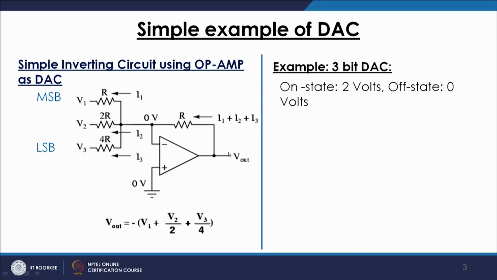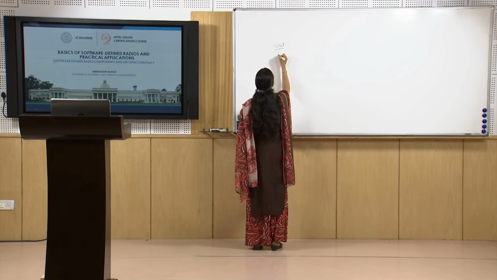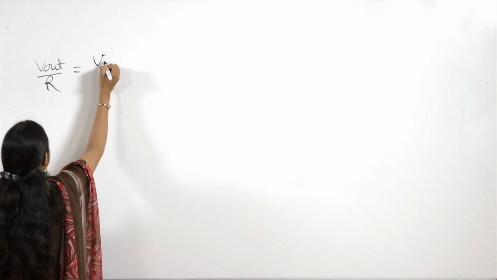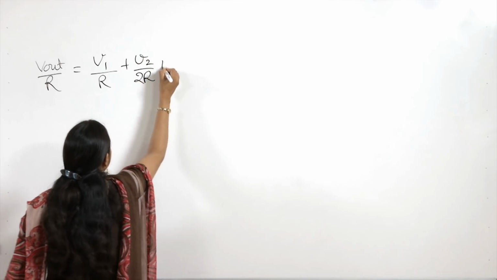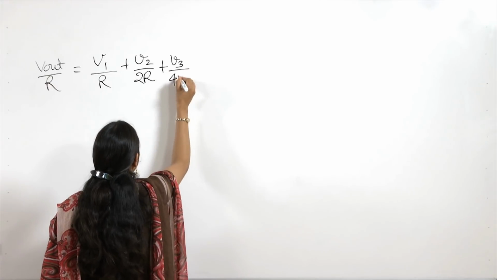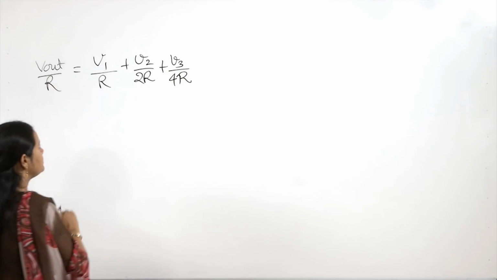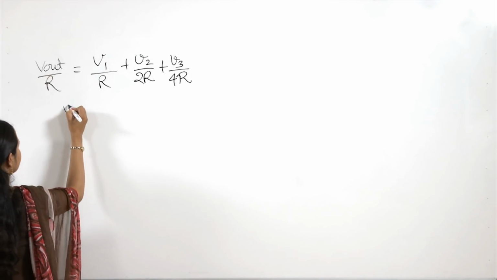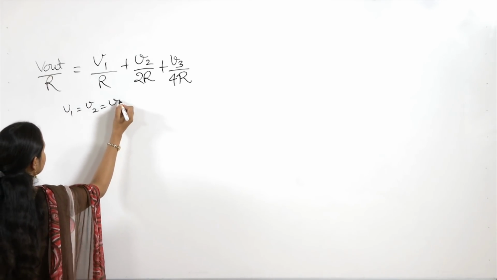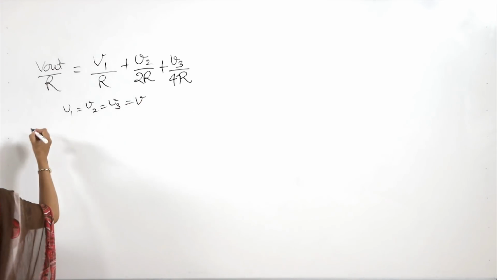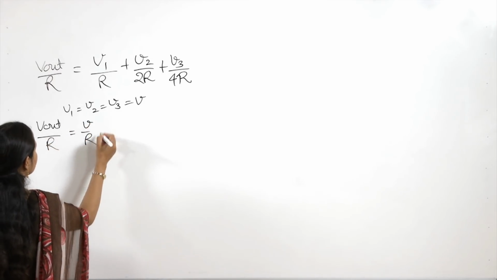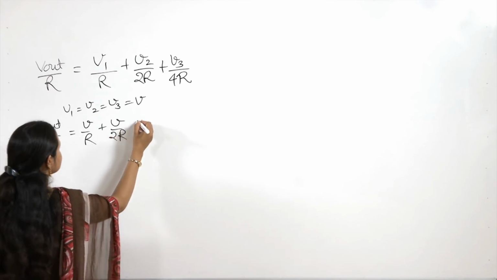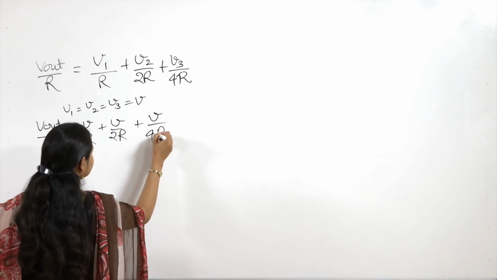So, by doing this, we can write it like this. Right. So, if I choose V1 equal to V2 equal to V3 equal to a fixed voltage V, then basically V out upon R is equal to V upon R plus V upon 2R plus V upon 4R.